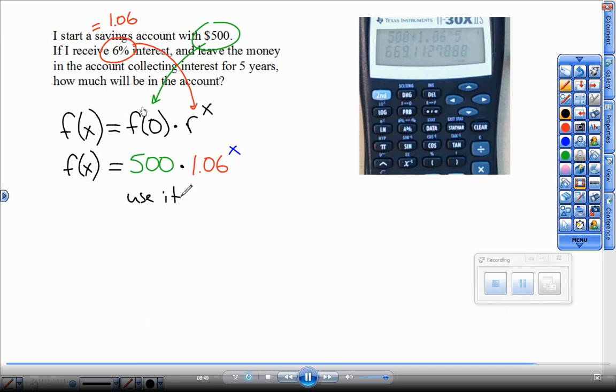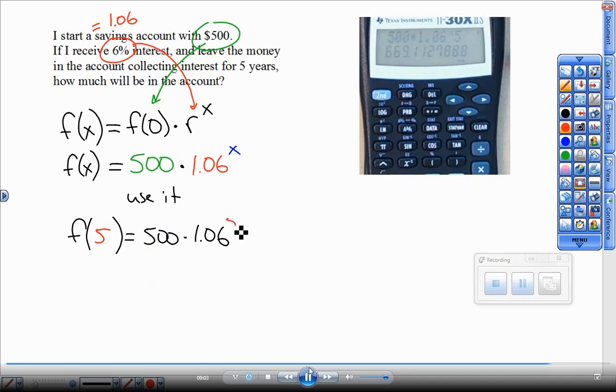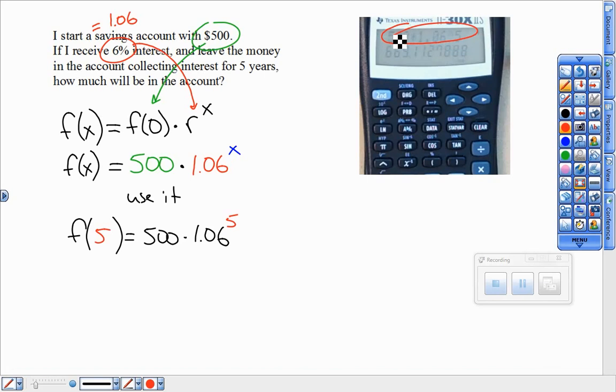I'm going to use it now. I'm going to evaluate this for the fifth term, or 5 years. Leave that 500 alone, times 1.06 raised to the fifth power. Notice I type that in exactly, 500 times 1.06, caret button right here for your exponent, to the fifth power. And of course, when I do that, I'm going to need to round that to 2 decimal places.